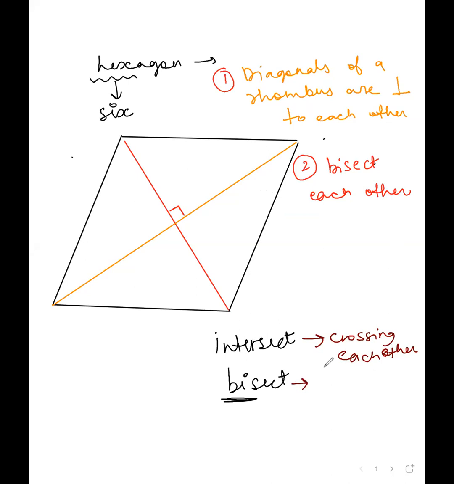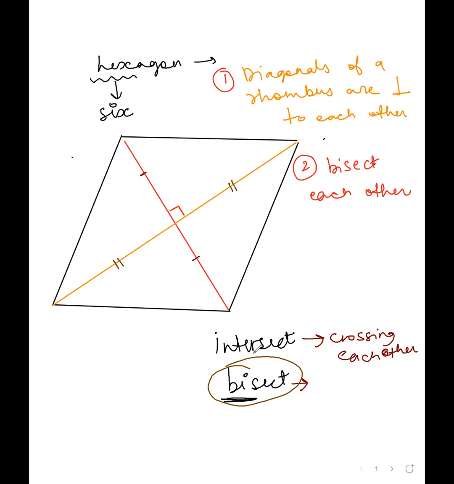Bisecting means crossing each other and dividing in such a way that the parts that are formed are equal: this part is going to be equal to this part, and this part is going to be equal to this part. That is the meaning of bisect. And again, your question might be, how do we know that it's bisecting?